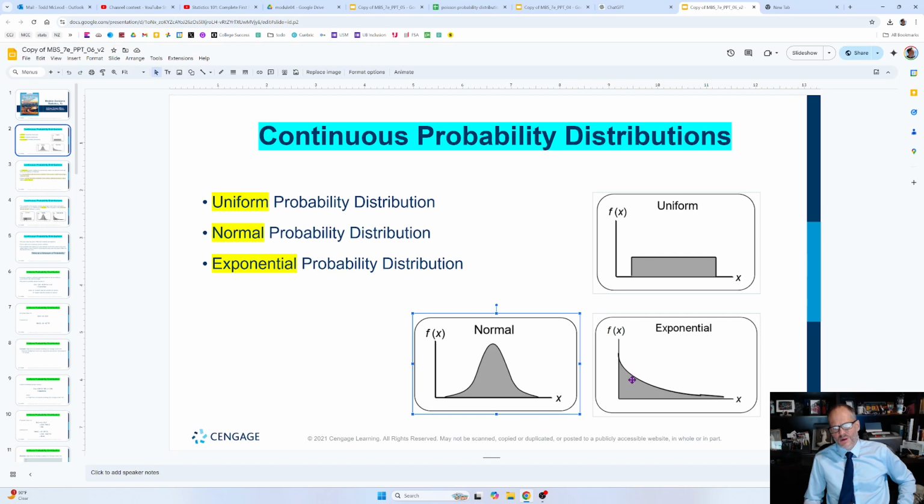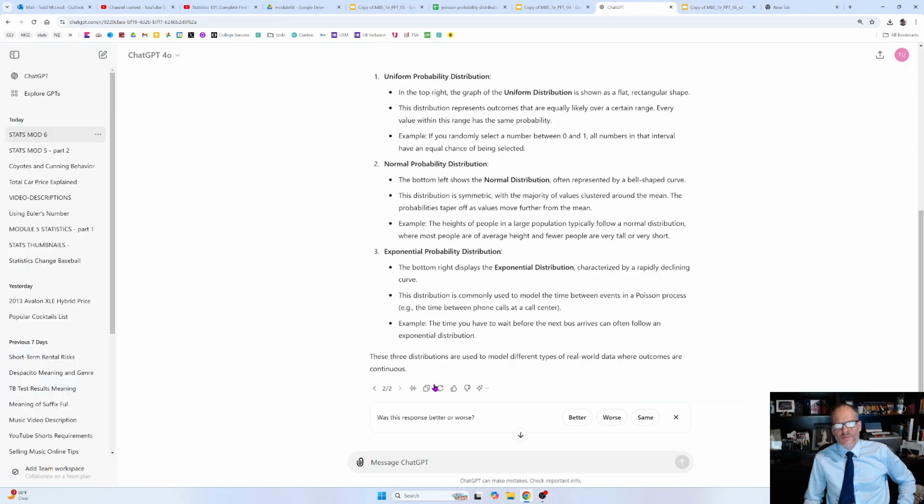As we increase the time between phone calls, x, the probability that we're going to have 10 minutes between a phone call is much lower than the probability that we're going to have 10 seconds between a phone call. And so that's the exponential distribution.